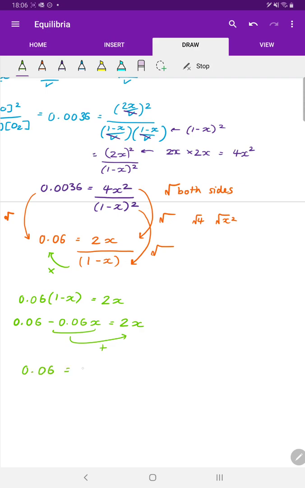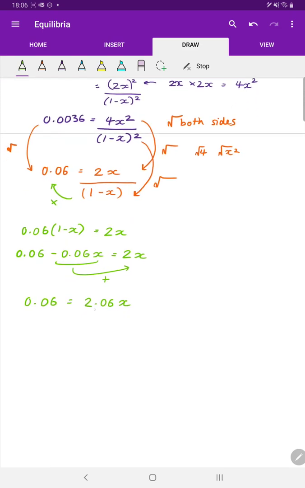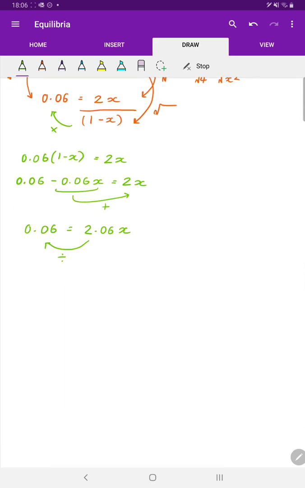Seems like a very long-winded thing, I know, but here we go. So I can add it onto this side, and then I can divide to get my numbers back over here. So 0.0291 is equal to x. Right, so we've worked out x.